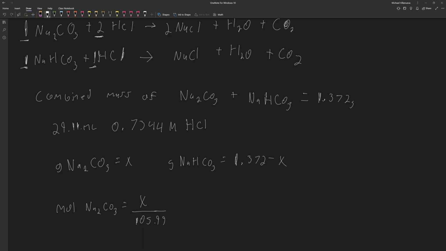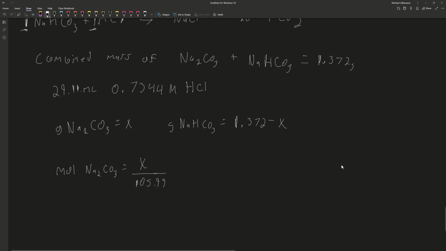And let's in the same way say that the moles of NaHCO3 are equal to 1.372 minus X over 84.01 grams. There, we'll leave it like that.